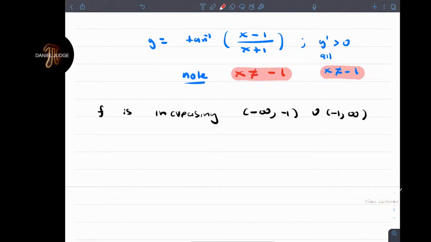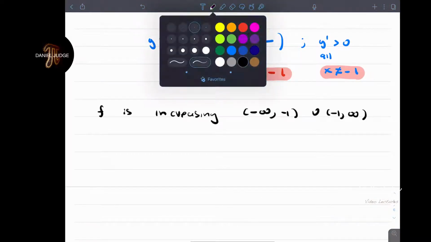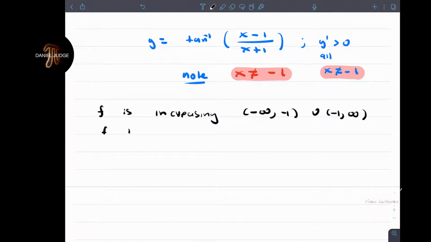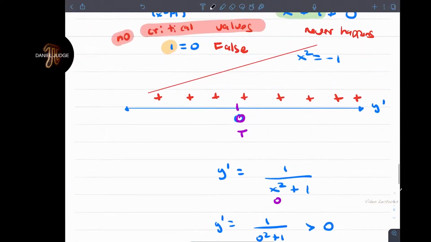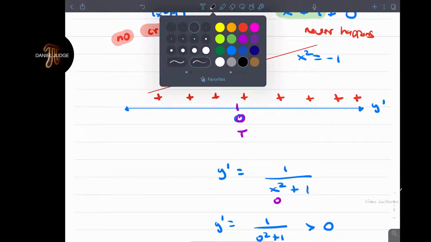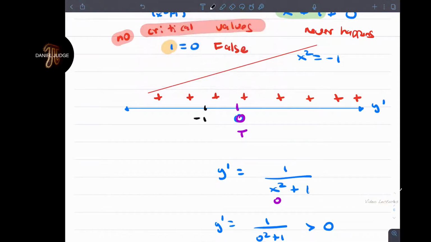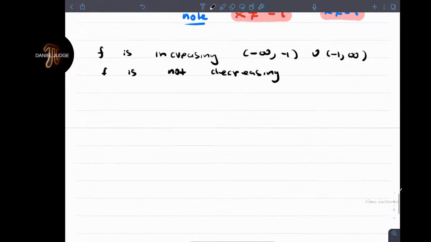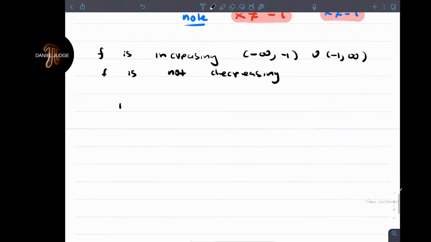So your function's increasing on that interval, and f is simply not decreasing anywhere. And notice there's no change in increasing, decreasing. At negative 1, you're not defined. There's a hole there. Okay, and so there's also no relative max, no relative min.